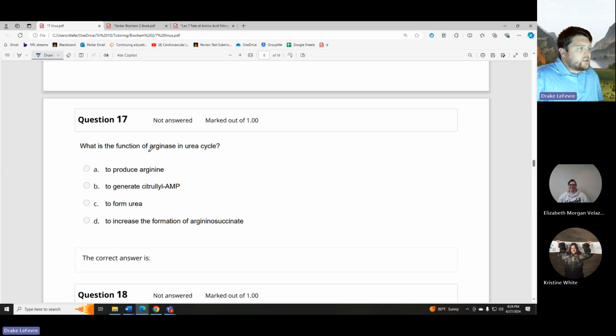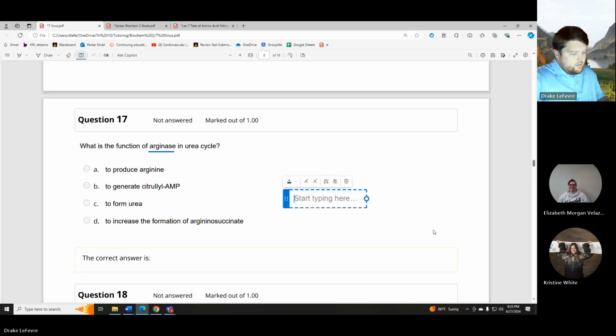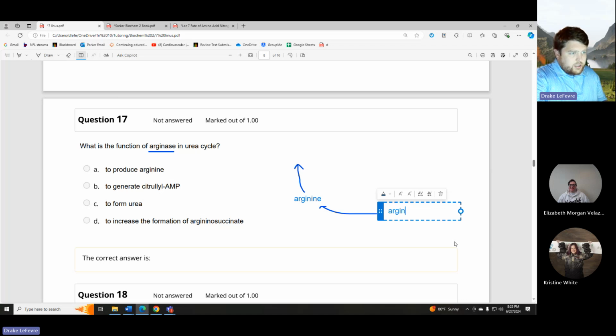What is the function of arginase in the urea cycle? What does arginase do? Look at this. So arginine, thanks to arginase, what does arginine get turned into again? Isn't the argininosuccinate one, that one? Isn't that the next step? That's going to be the step just before. So we have argininosuccinate here.